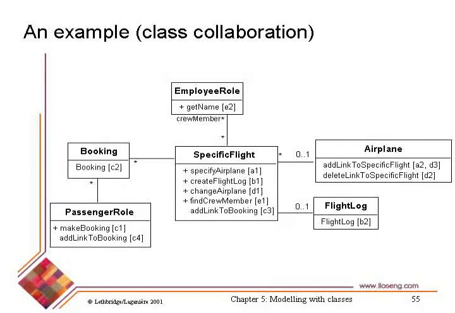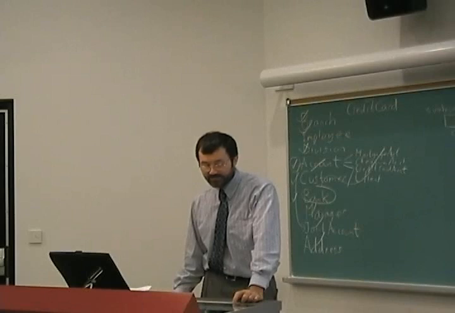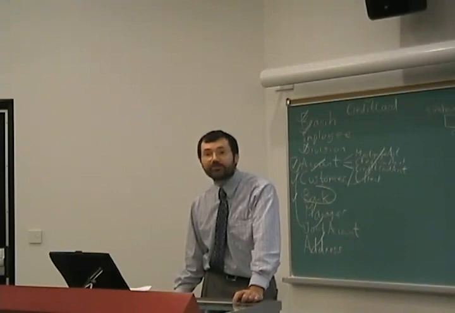In fact, we'll see later on that make booking calls the booking constructor, which in turn calls C3, add link to booking, and C4, add link to booking in passenger row. So we've got add link to booking in specific flight, making a link from specific flight to booking, and we've got add link to booking in passenger row, making the link from passenger row to booking. So we're going to see several methods collaborating in order to do this booking process, which is responsibility C.